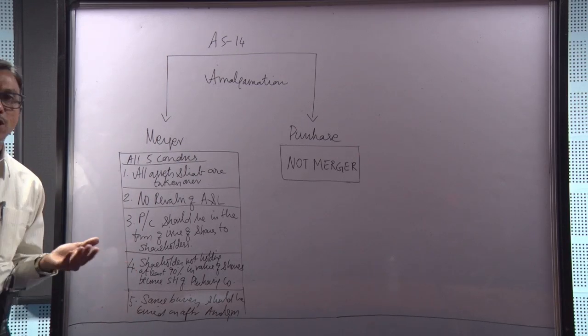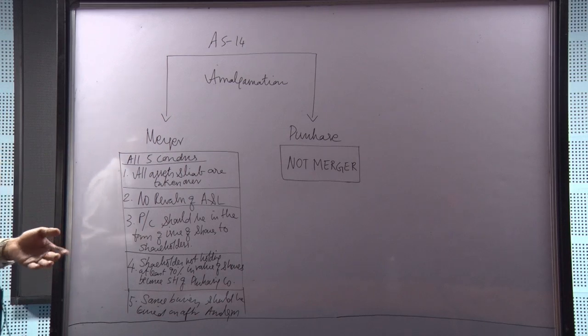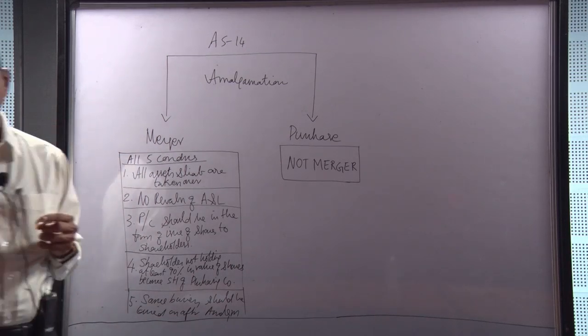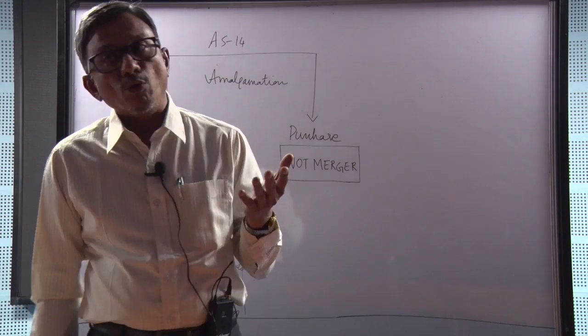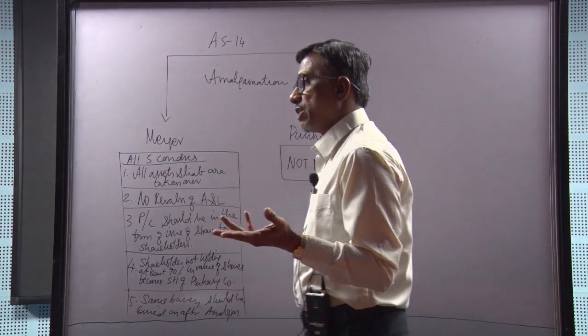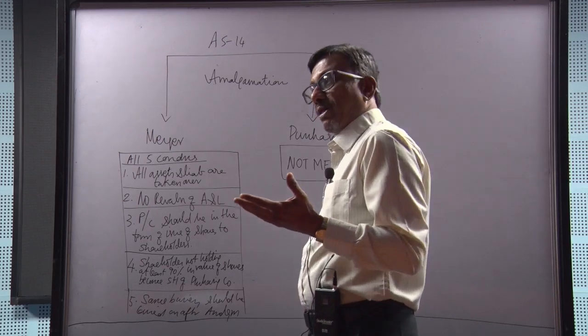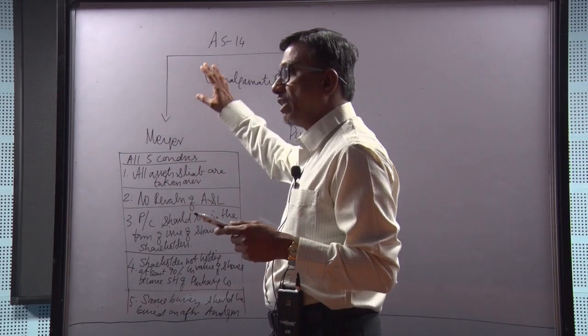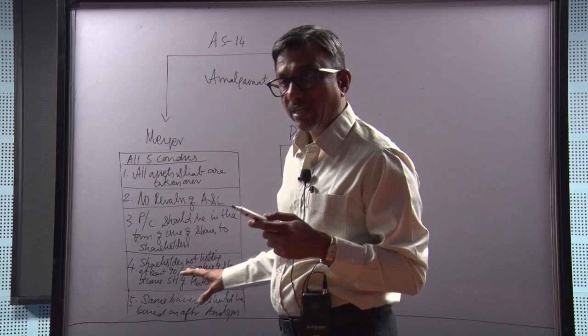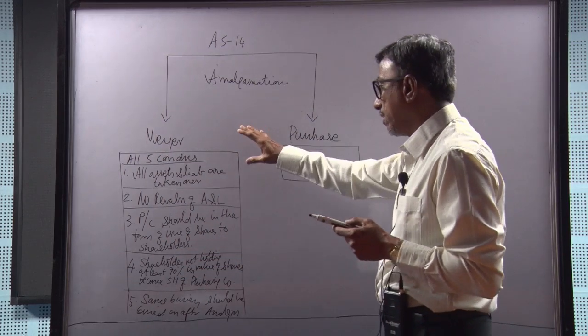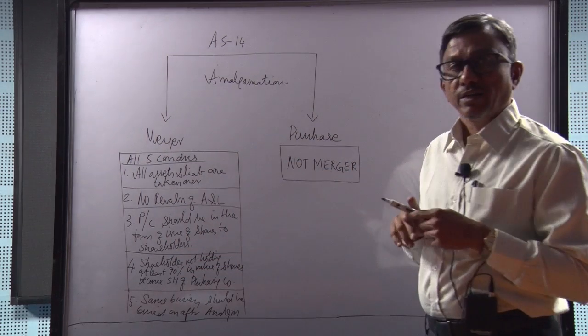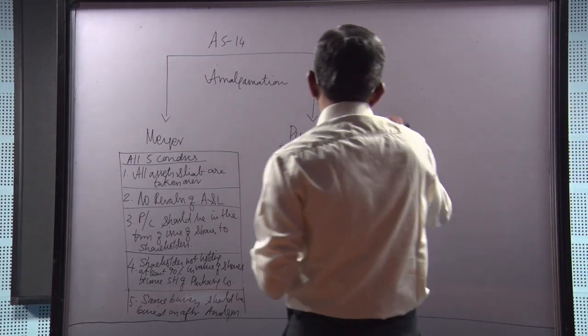But in most of the problems in the examination, you find that there will be revaluation of assets, some assets may not be taken over, not all the shareholders will get shares in the purchasing company, like that. So first see whether all these 5 conditions are satisfied, then only you can regard it as a merger. Otherwise, you should regard it as a purchase.